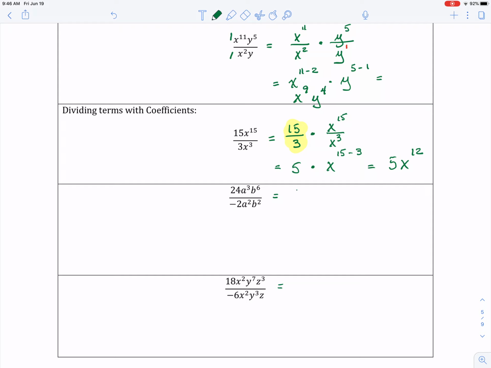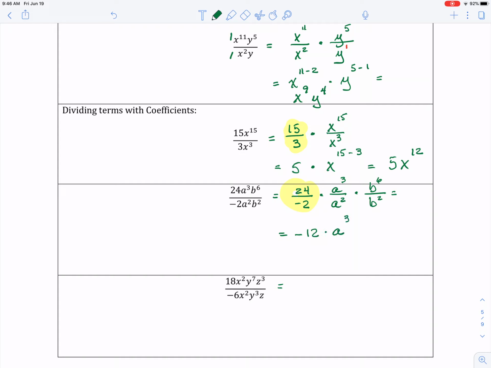All right, so same thing here. Create a fraction that involves the numeric coefficients. Create another fraction that involves the base a, and a third fraction that involves the base b. All right, so numeric part, 24 divided by -2 is -12.